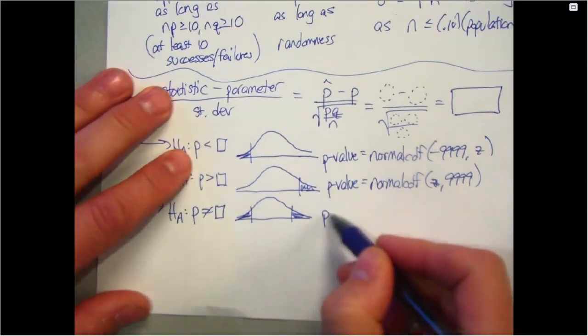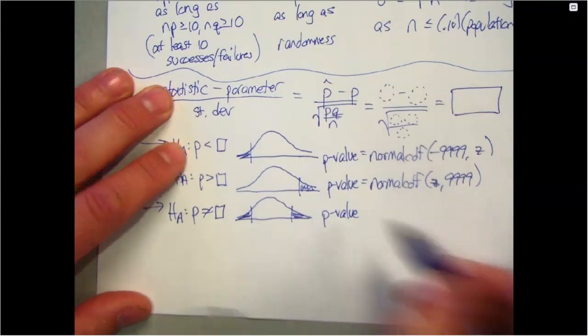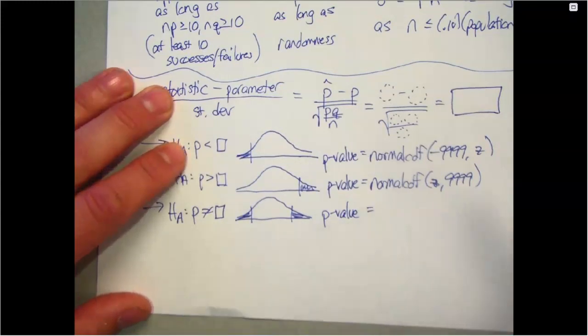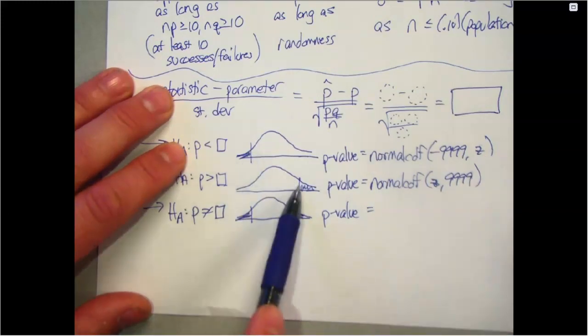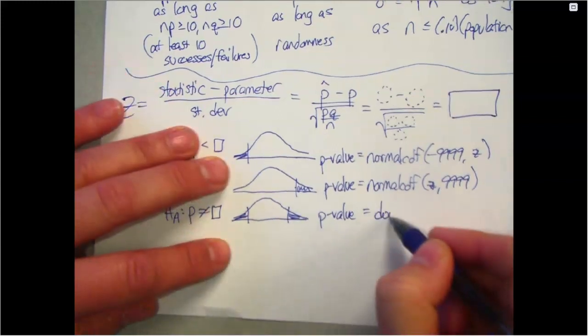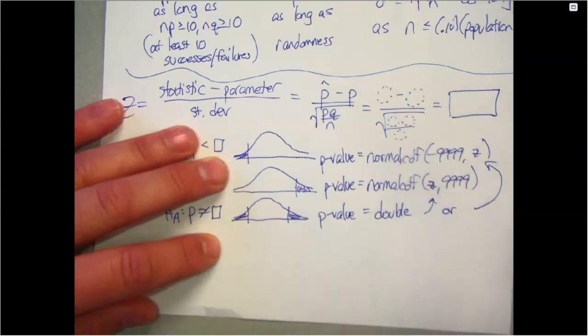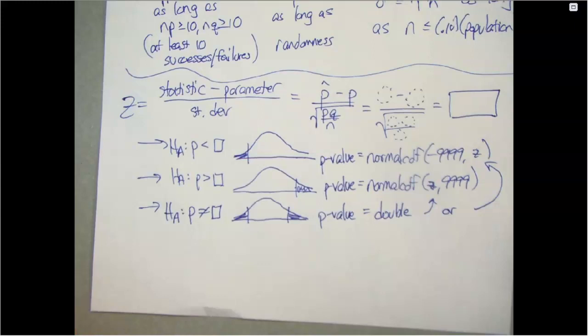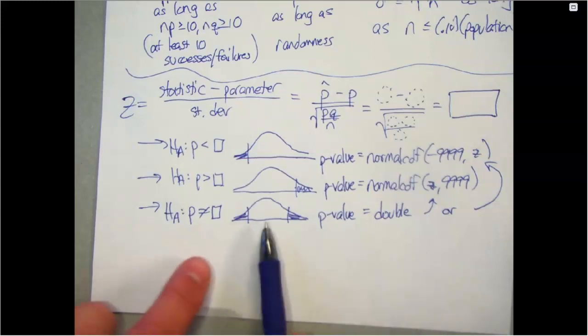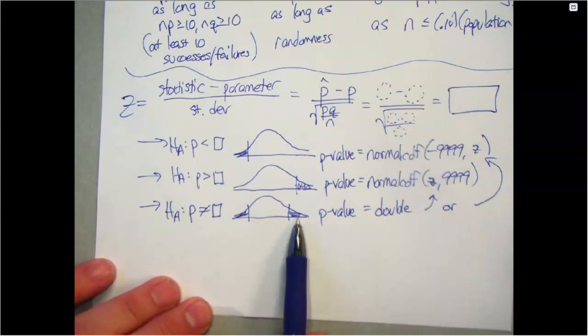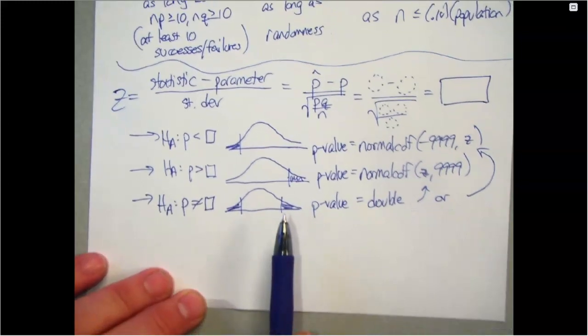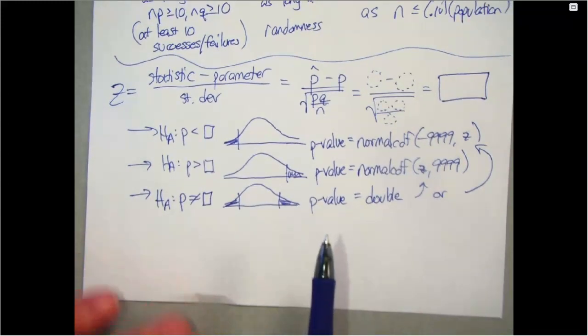And then your p-value, you could do either of the two things we did up here. You can find that section or that section, and then you double it. Or like I was pointing out yesterday, you could do normal CDF 1 minus normal CDF negative Z to Z. Seems a little more complex than it has to be, but that's good. If it works for you, it works for you.